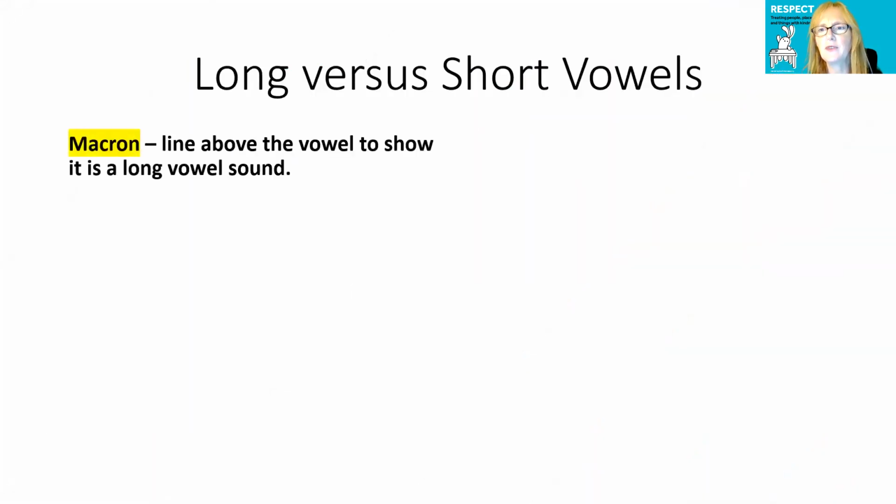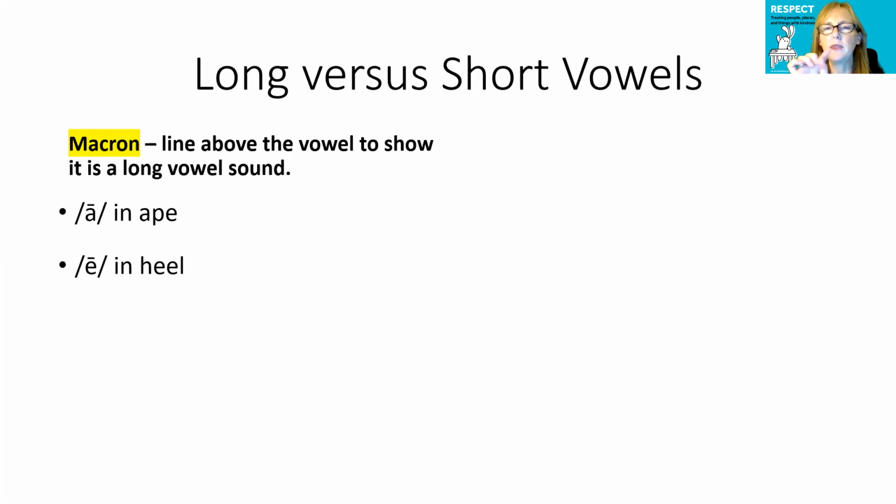So before we go further into that, I'm going to remind you about the difference between long and short vowels. We're going to learn a new vocabulary word, the macron. The macron is a straight line above the vowel to show it's a long vowel. So for example, the A with a straight line over it is the long A, or the A saying its name, like in the word ape.